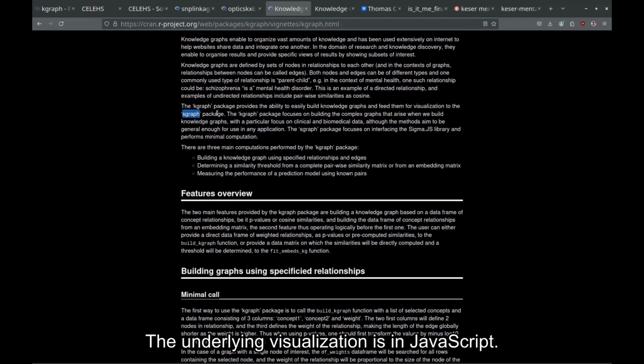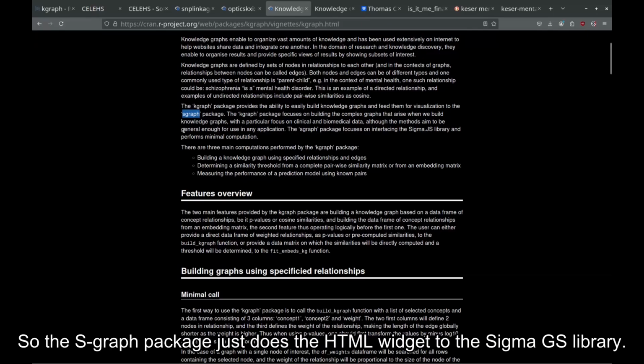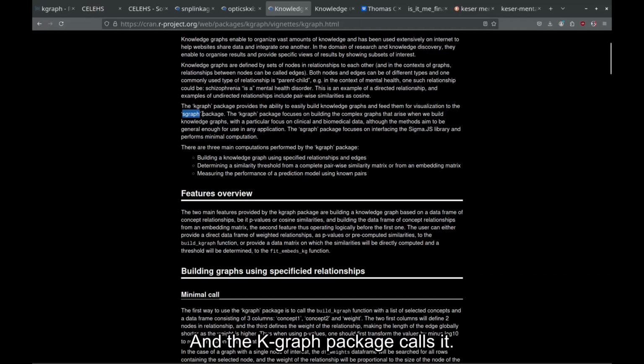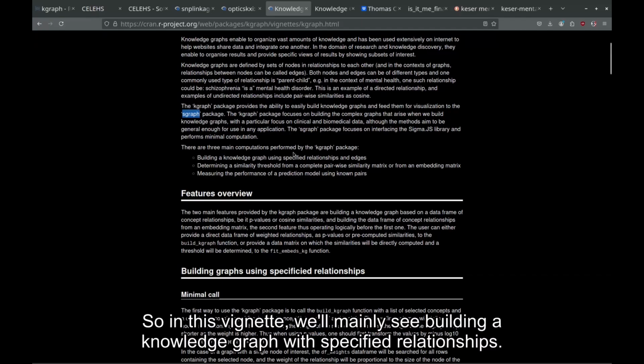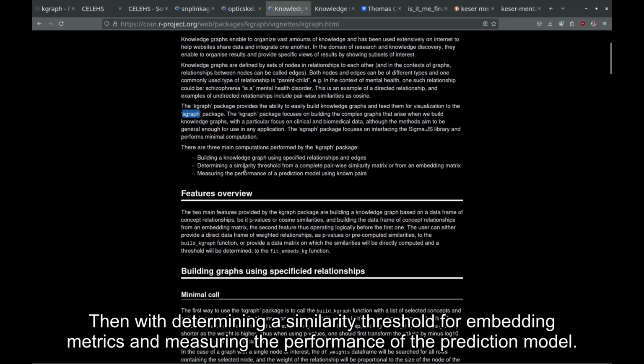The underlying visualization is in JavaScript. So the sgraph package just does the HTML widget to the Sigma.js library, and the kgraph package calls it. So in this vignette, we'll mainly see building a knowledge graph with specified relationships, then determining a similarity threshold for an embedding matrix and measuring the performance of the prediction model.